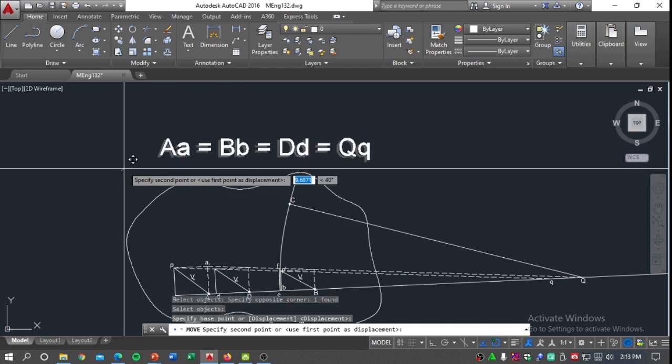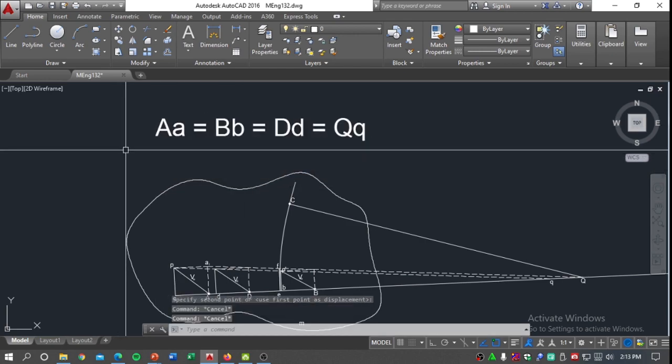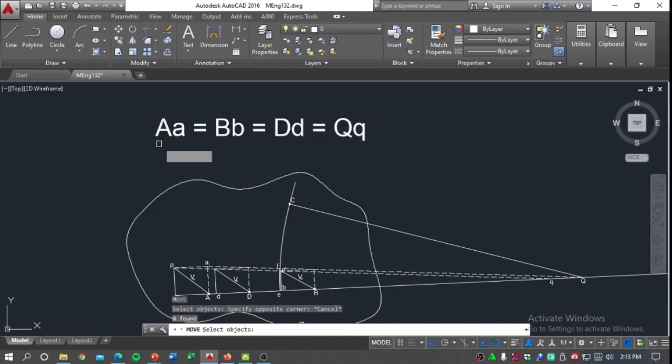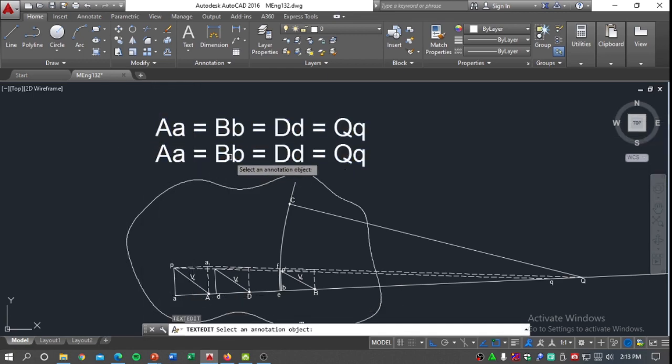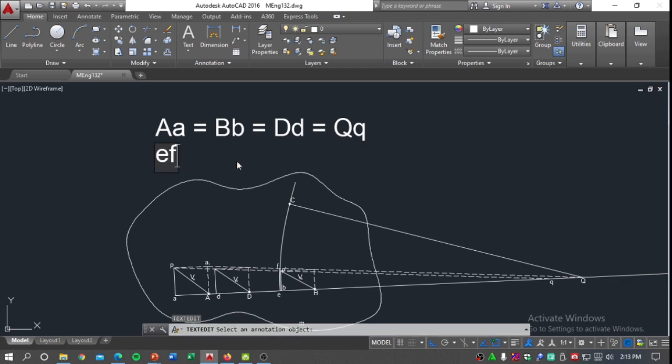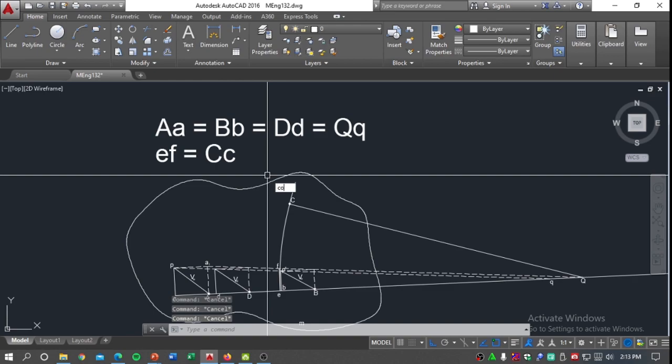Now for us to retain this, the length of EF is now equal to line CC1.